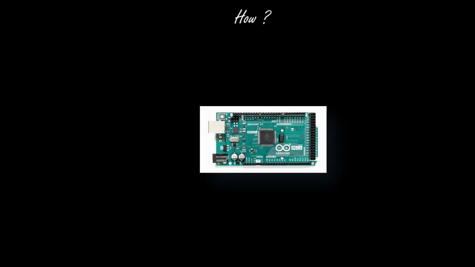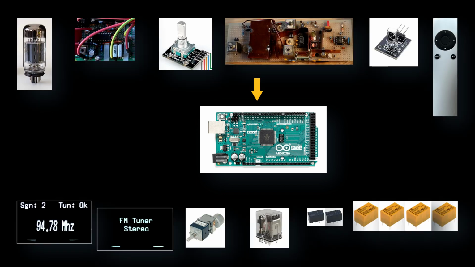So how can we accomplish the scenario we have just seen? The Arduino microcontroller is programmed in order to receive data and to transmit data. The data received come from both analog and digital inputs we have seen in the last video. The microcontroller processes all this information coming from the different sources and provides digital signals as output.